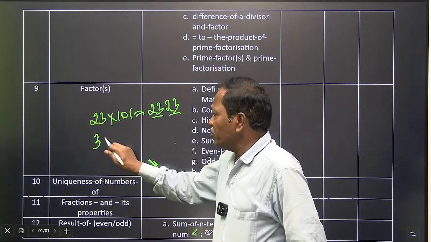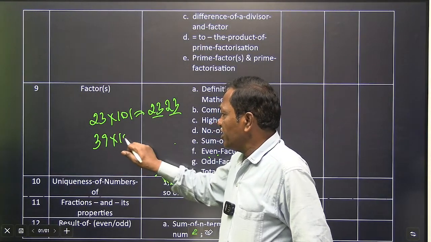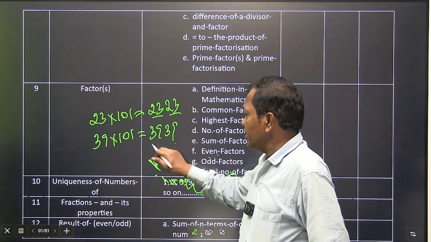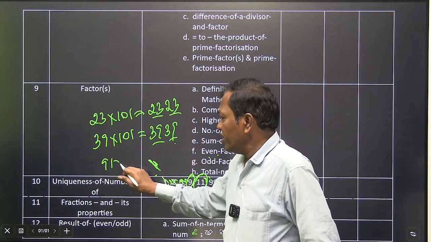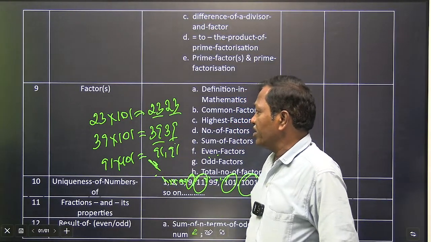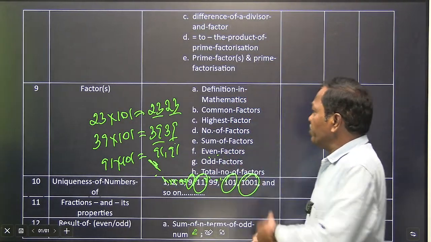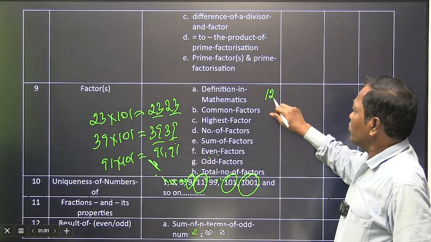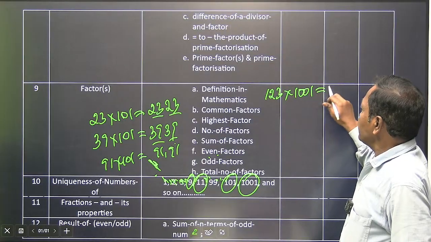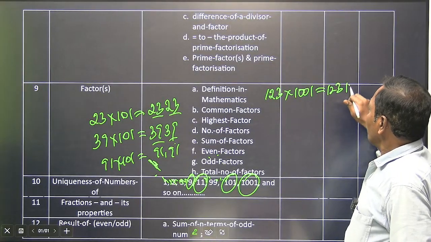You can take any two-digit number. 39 into 101 gives 3939, and 91 into 101 gives 9191. Same if we take three digits, like 123 multiplied by 1001 gives 123123.